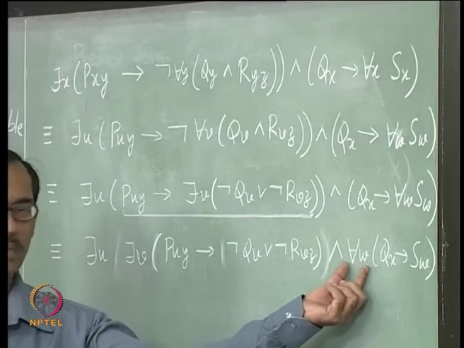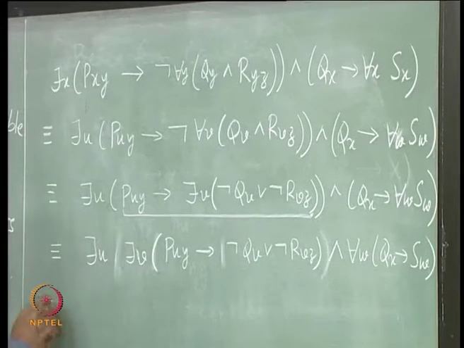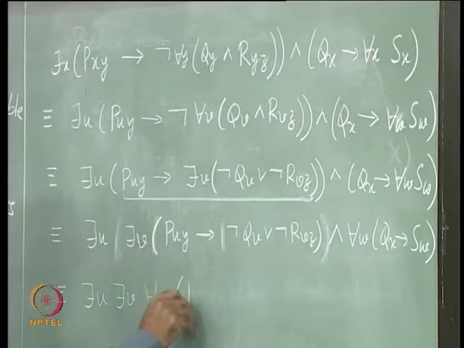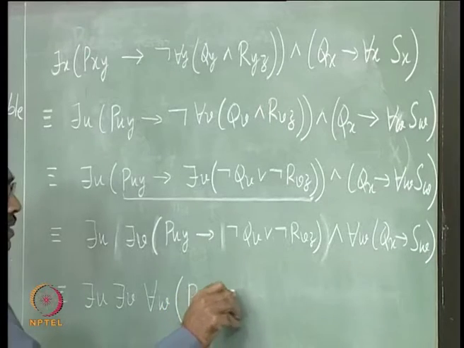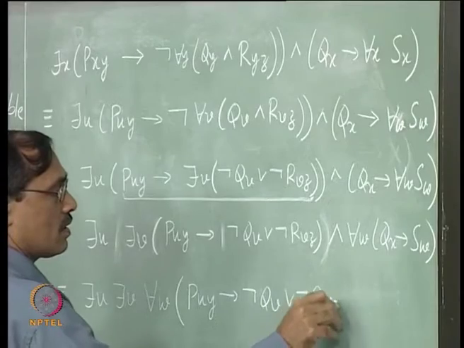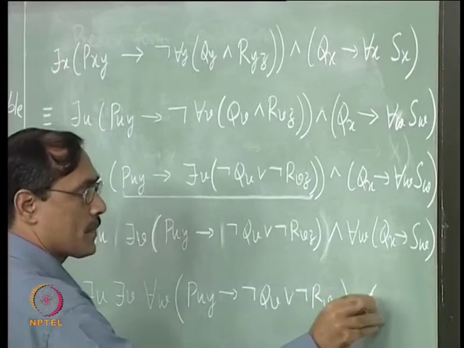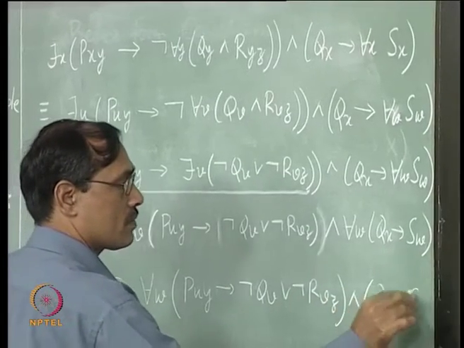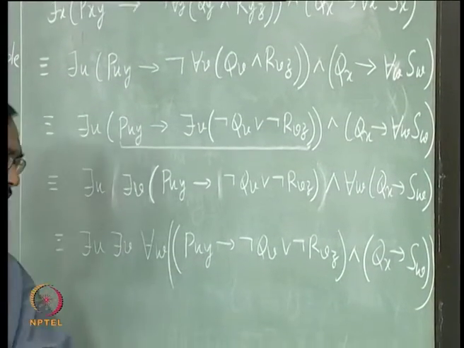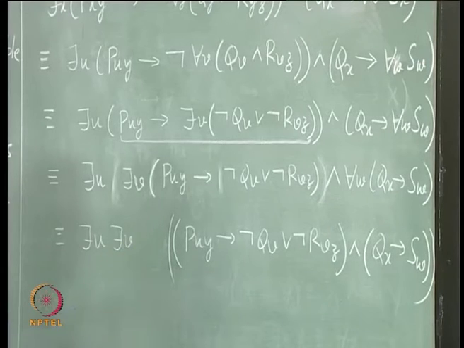Next step will be pulling this. In fact, when you use it, this ∀w will be in the beginning, right.